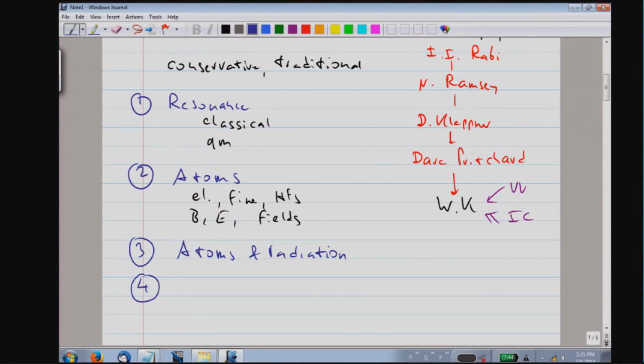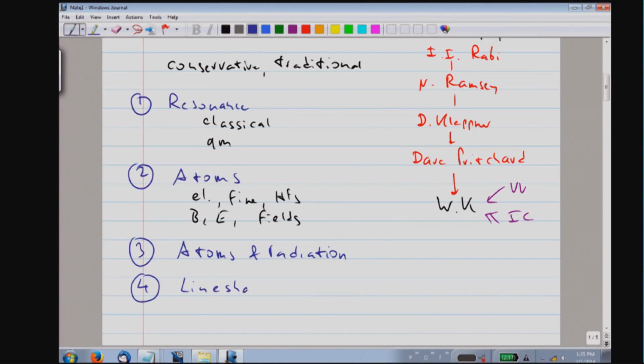There's one special aspect about the course which I don't think I've seen in textbooks in the same way. We are singling out, in a rather long unit, the aspect of line shape. I mean, okay, we talk a lot about an atom has a resonance, but when we measure the resonance, there is a line shape.